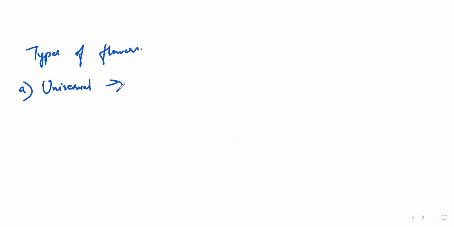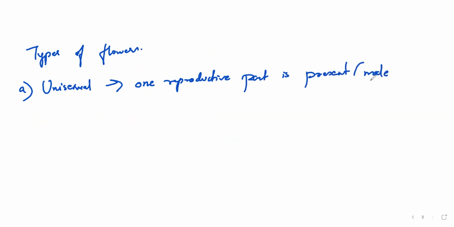A unisexual flower means only one reproductive part is present, either male or female, that is either stamen or carpel. For example, papaya or watermelon.